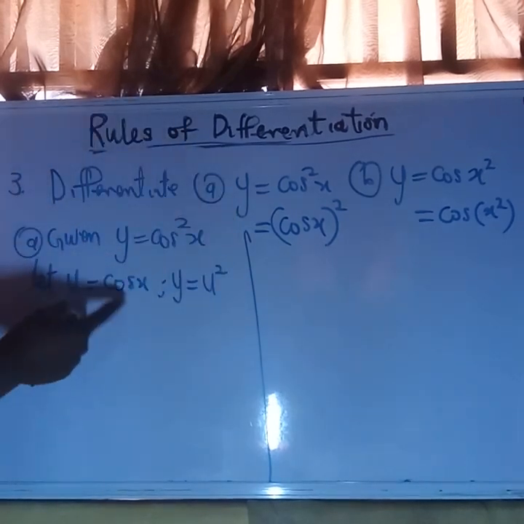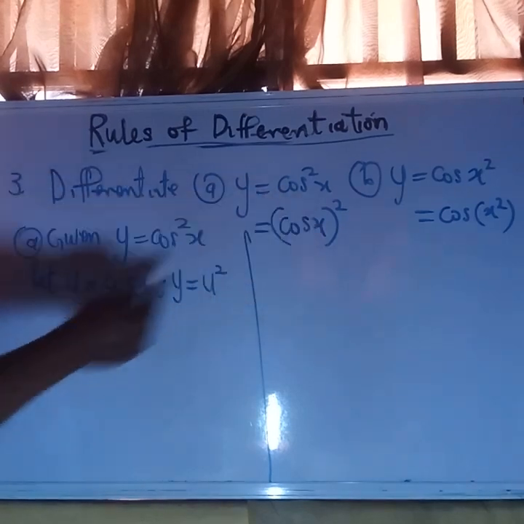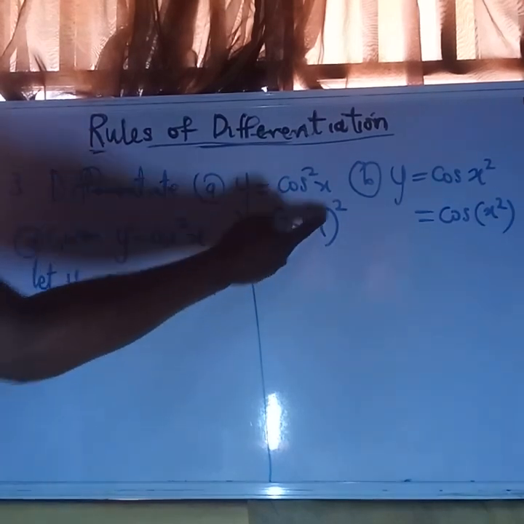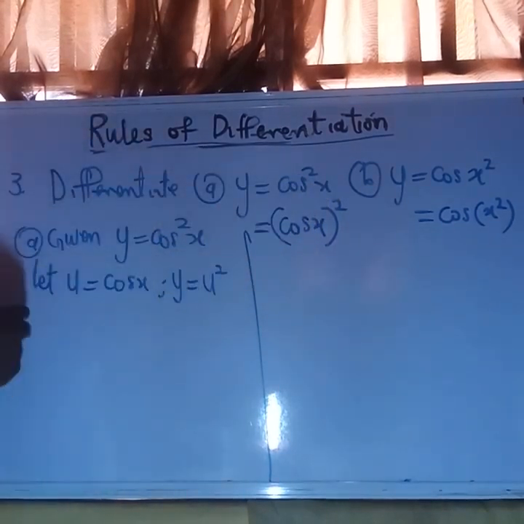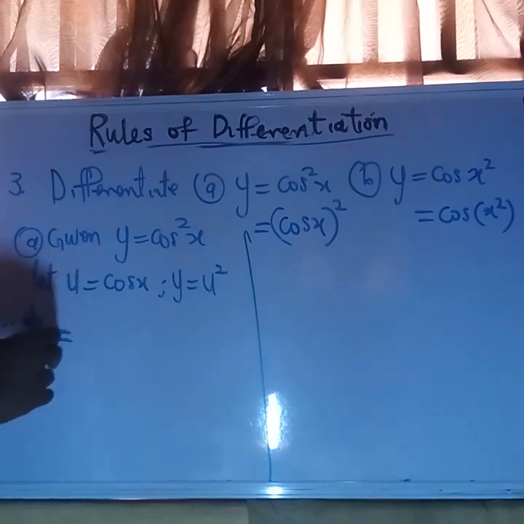You can see u is the inner function, and the main term is u squared. Therefore, we can find the derivative of y with respect to x, which will be dy du multiplied by du dx.